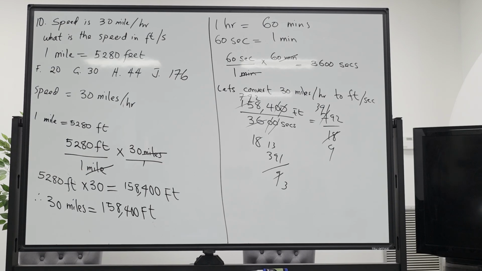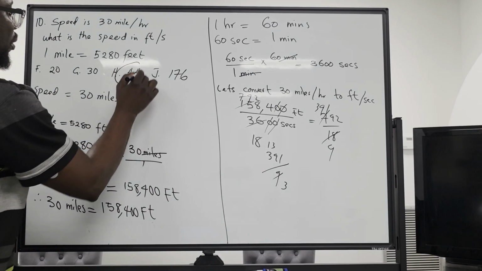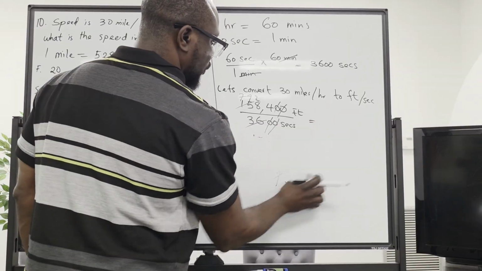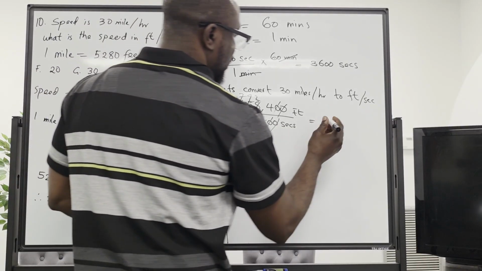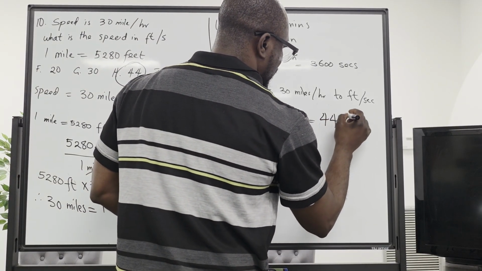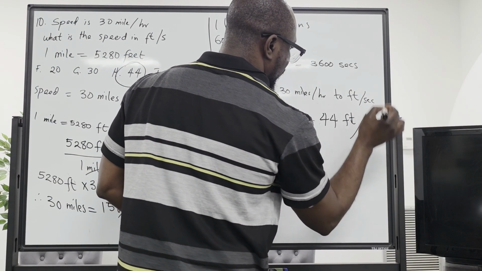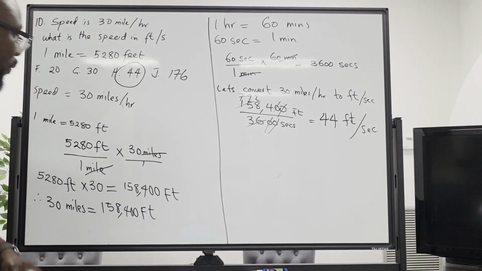So 158,400 divided by 3600 is 44. So the answer is 44 feet per second. That's your answer: 44 feet per second.